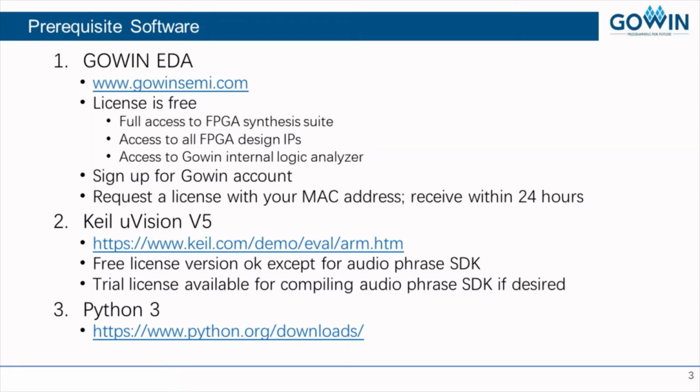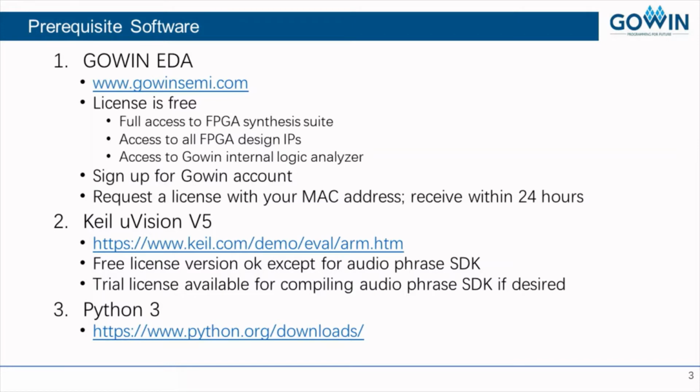The next tool you need is Keil, and you can get this at keil.com. The free version is okay. There is a paid version, which just allows you to do larger C code for a Cortex M processor.